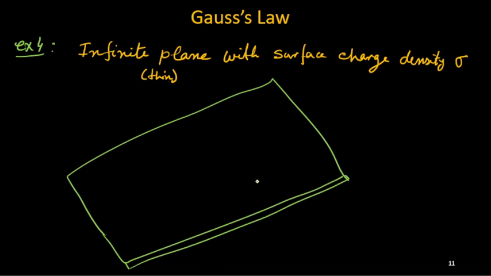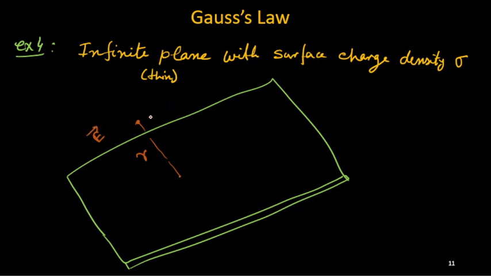Okay, its charge density is sigma, and from here, normal to this one at distance r, at this point I want to find out the magnitude of the electric field.